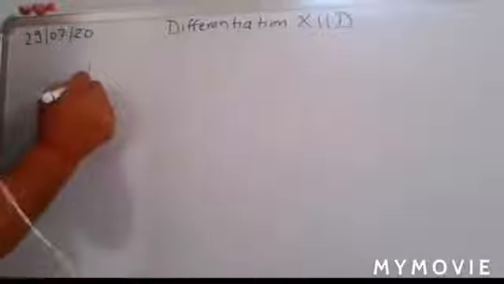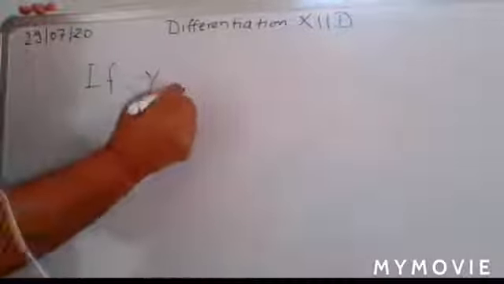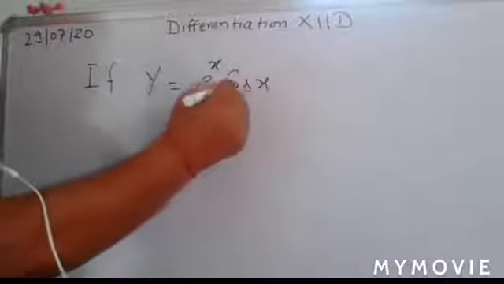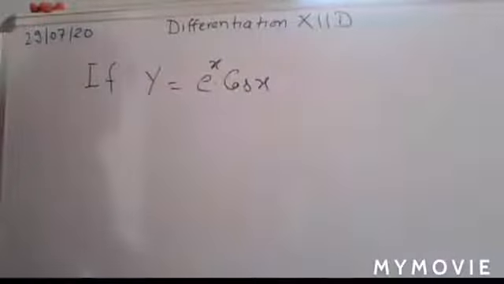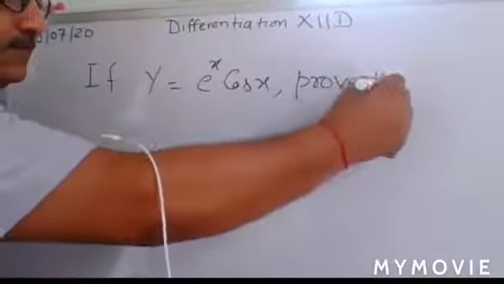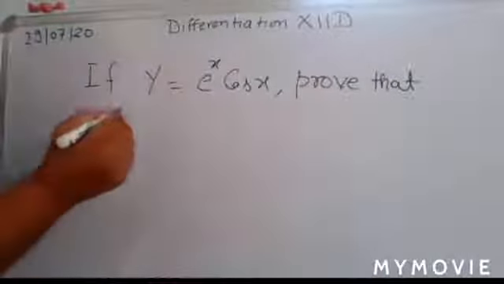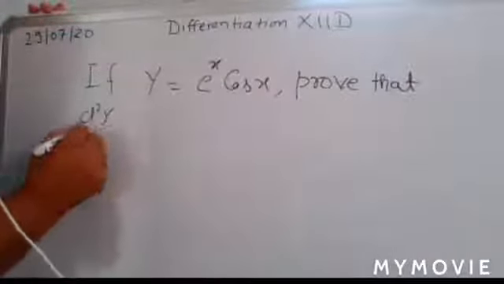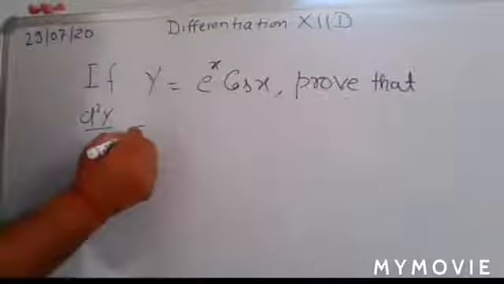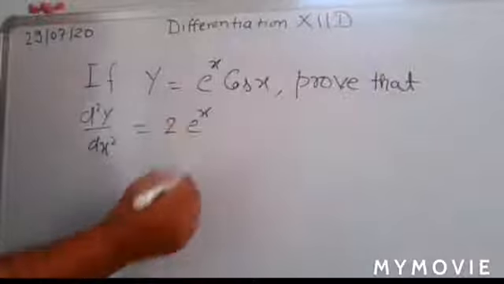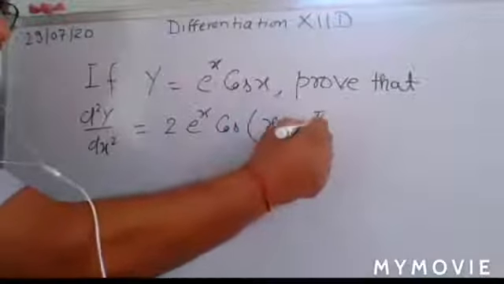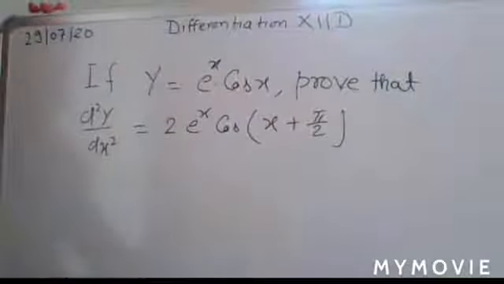Write: if y is equal to e to the power x cos x, you have to prove that d2y by dx2 is equal to 2 times e to the power x into cos of (x plus pi by 2). Note it.